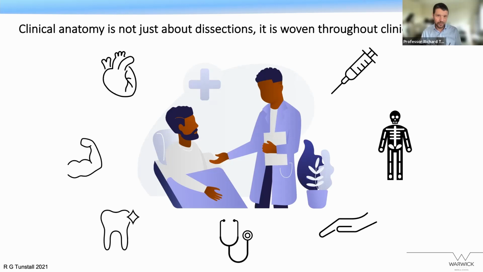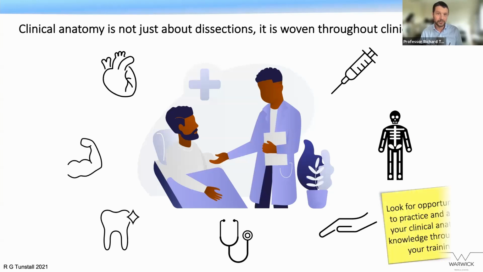So you can be constantly testing yourself, reminding yourself of the core learning points associated with your course. Make sure you look for opportunities as well to practice and apply your clinical anatomy knowledge throughout your training.